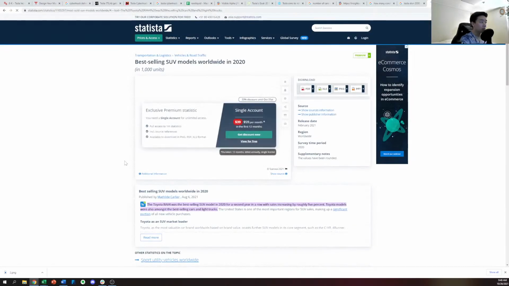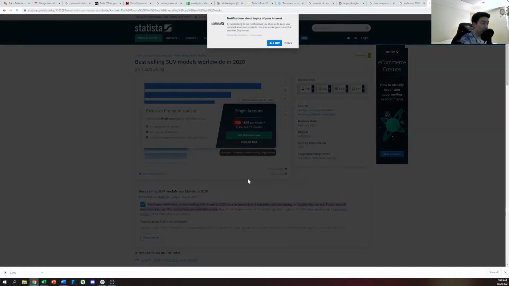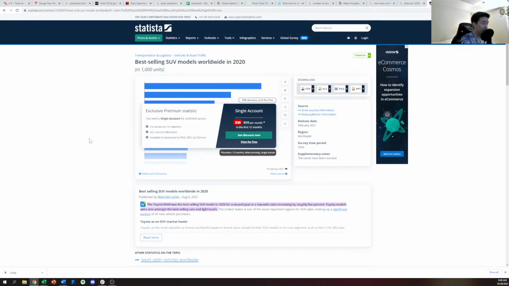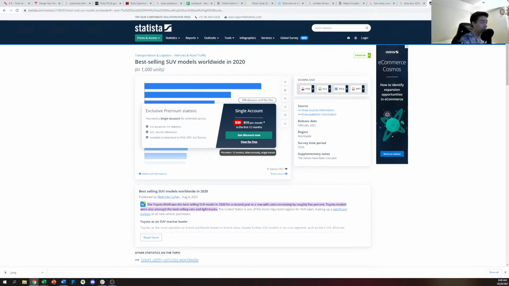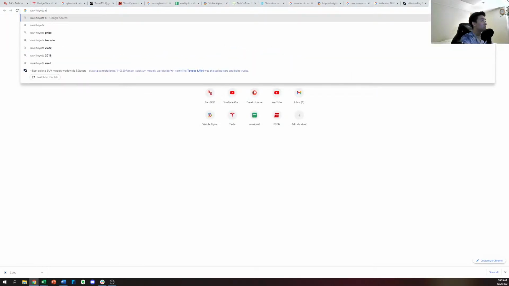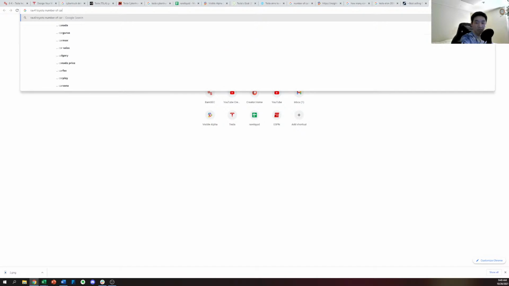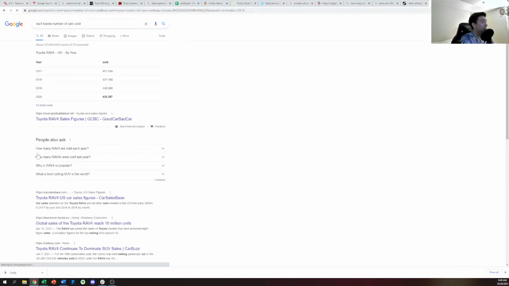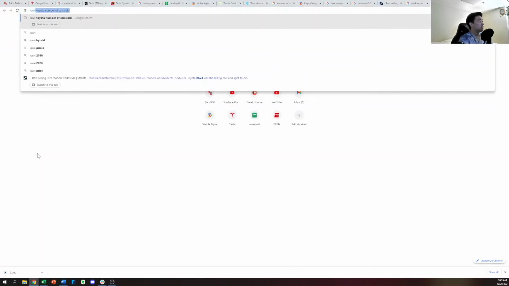RAV4. Never even heard of this. Whoa. Oops, sorry. I accidentally locked my computer. RAV4 Toyota number of cars sold. 430,000. And how much is a RAV4?